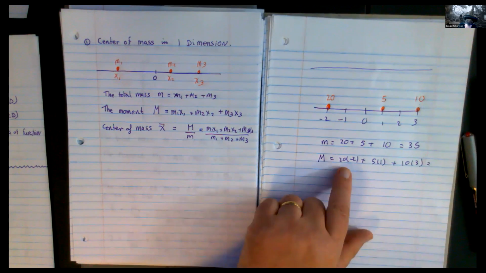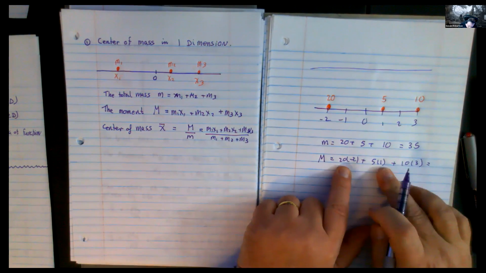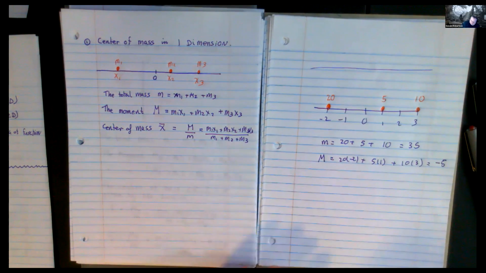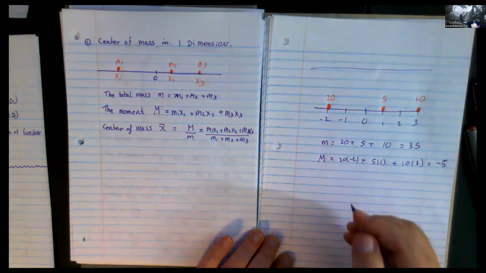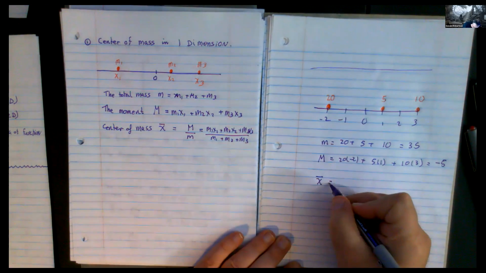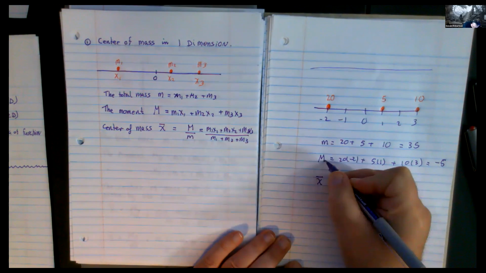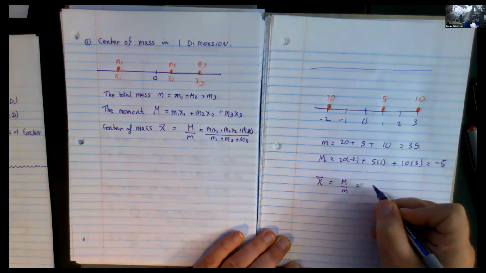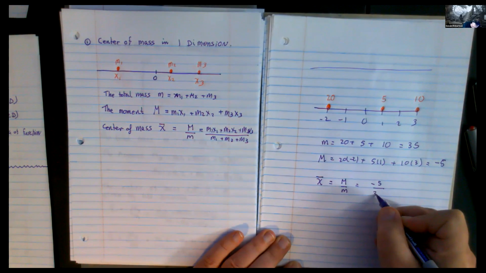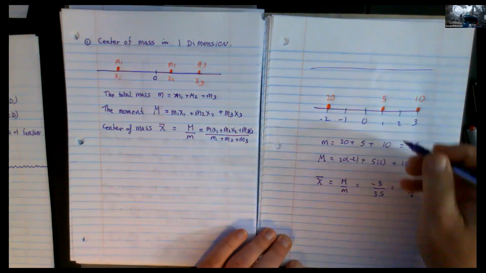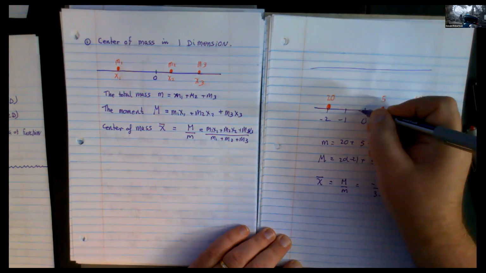And that's 35, take away 40, I make that -5. And so the center of mass, which is called x bar, is the moment divided by the mass, which would be -5 divided by 35, which simplifies down to -1/7. So -1/7 is about here.